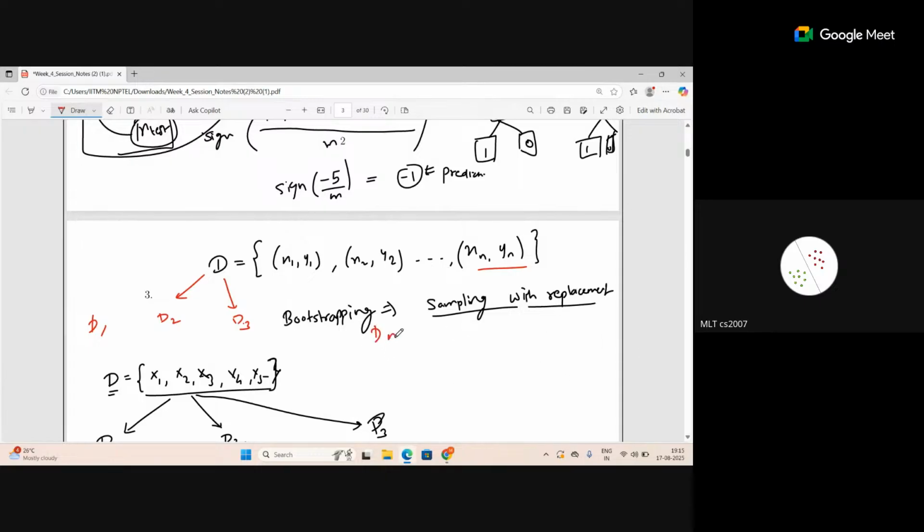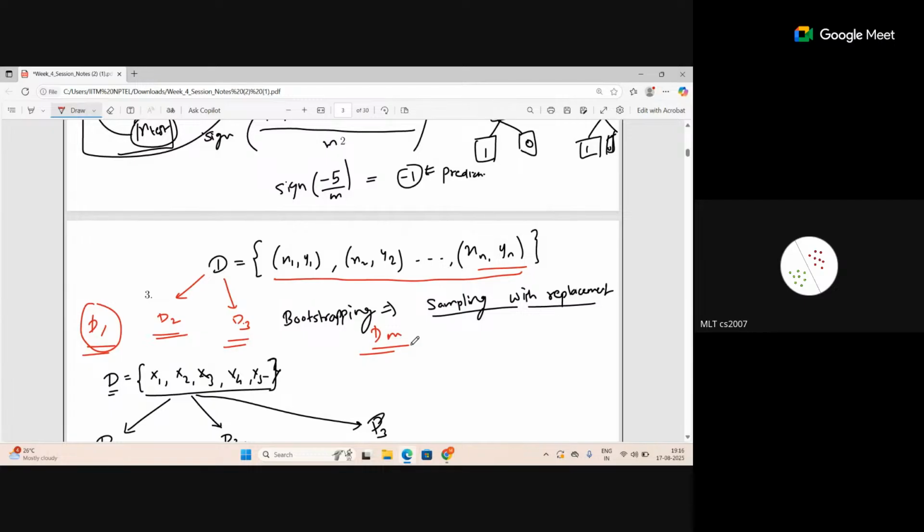I have taken m data sets. But how many data points should d1 have? N data points, right? The original data set has n data points, so I should have n data points in d1, in d2, in d3, and in dm.